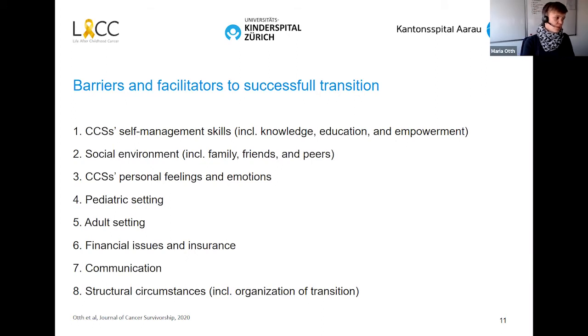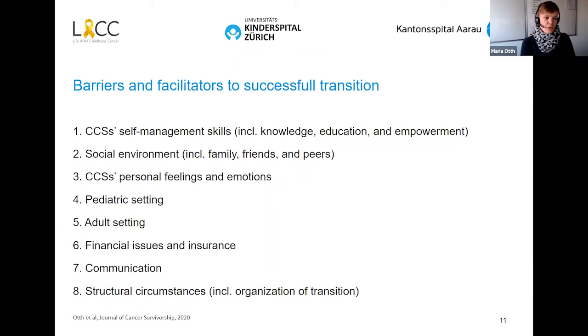We found that there are 8 main areas into which these barriers and facilitators can be put. The first one is, as you can imagine, the survivors' self-management skills, for example knowledge, educational level, and also empowerment, which can be either a facilitator or a barrier.